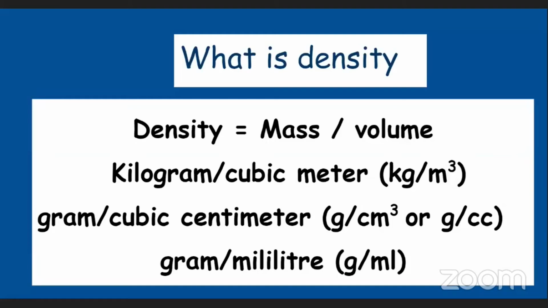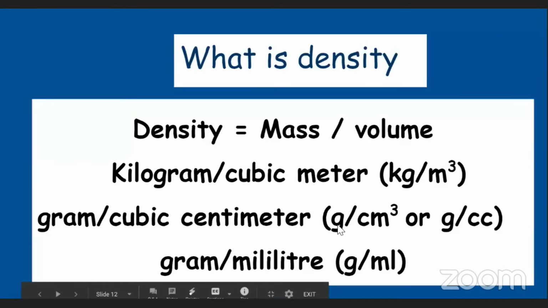And the units would be, if you measure mass in kilogram, then it will be kilogram per cubic meter or kg per meter cube. Or if you measure mass in grams, then it will be gram per cubic centimeter.